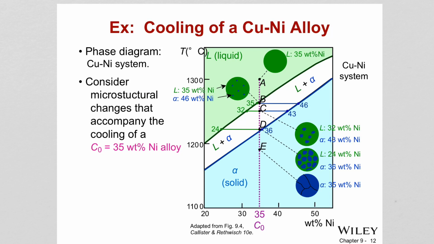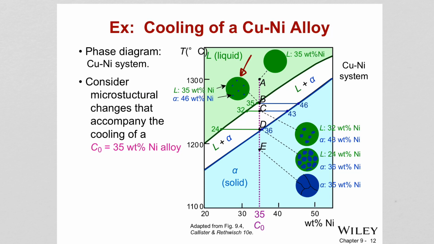And when we reach point B, it is located in the liquid and solid phase region. That means within the liquid now, the alpha phase is starting to nucleate. You can see at point B, the microstructure shows that in the background we have liquid, shown with green, and the solid phase, which is the blue phase, is starting to solidify.